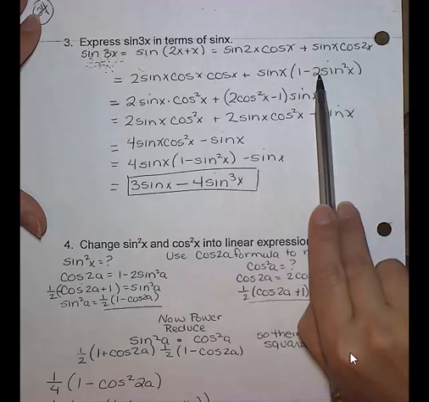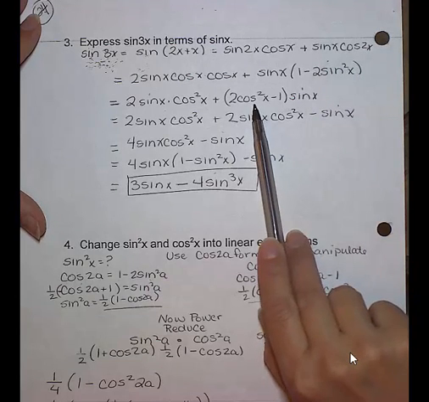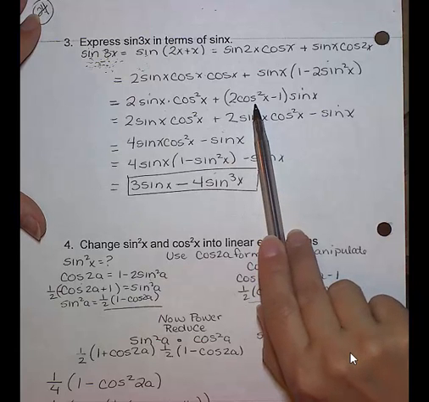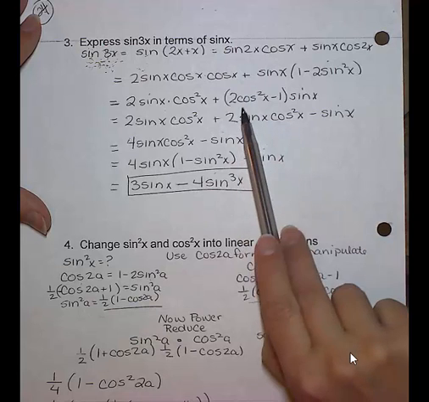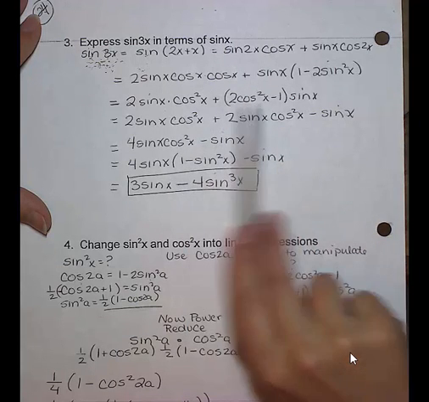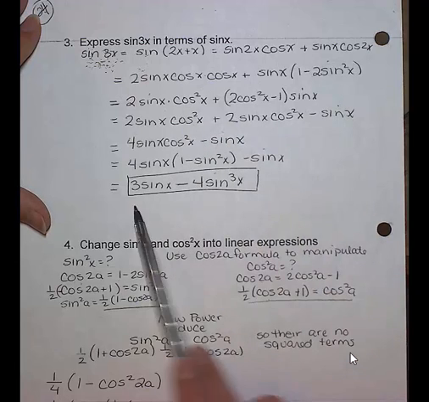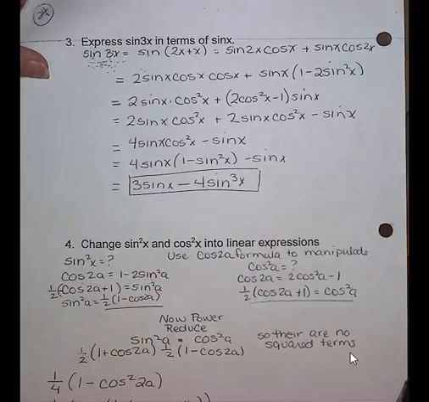I actually changed it to the sine version, and then I changed it back to the cosine version, so that just shows you that sometimes you got to think about what exactly you want to get to. It says to give it in terms of sine, but I saw that I had these two cosine squareds and that I could simplify quicker that way. But either way, you're going to get to, and here's our final answer. So you can look at that later if you need to.